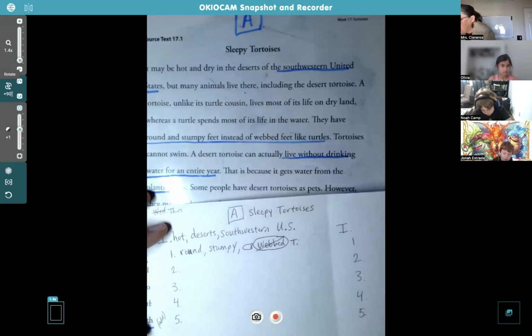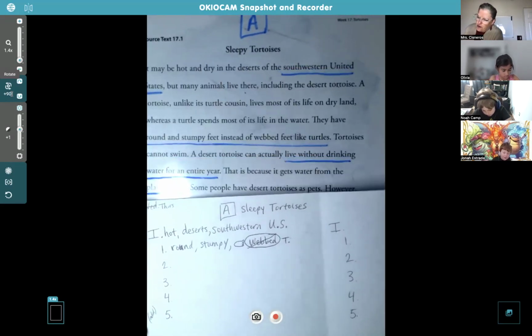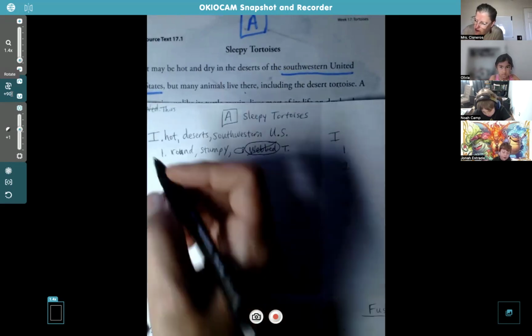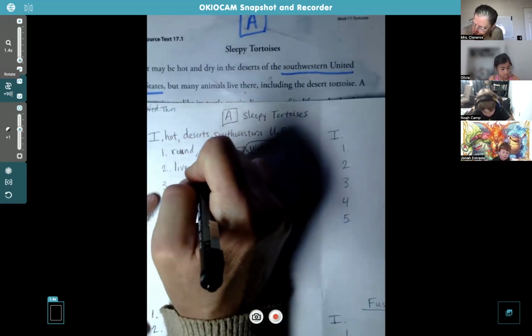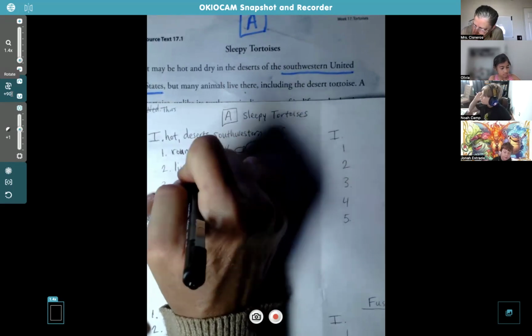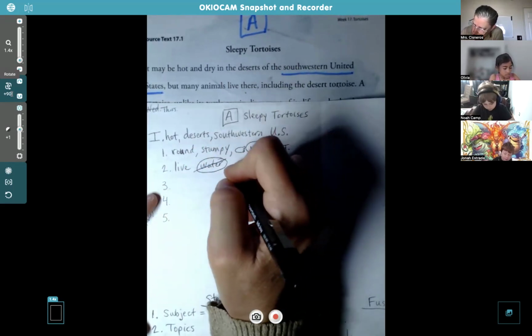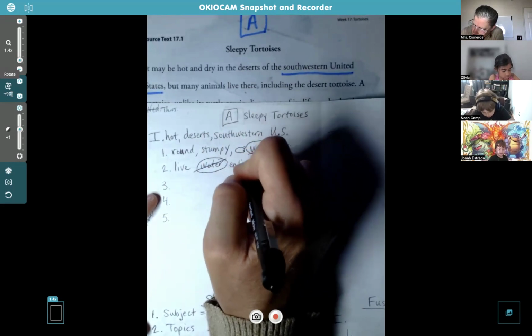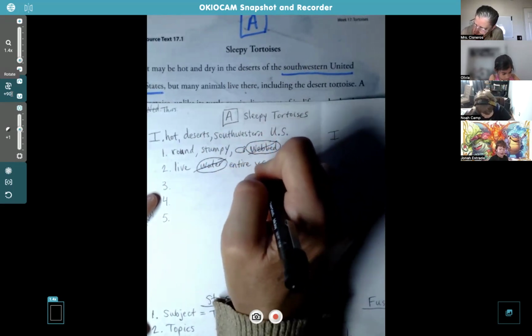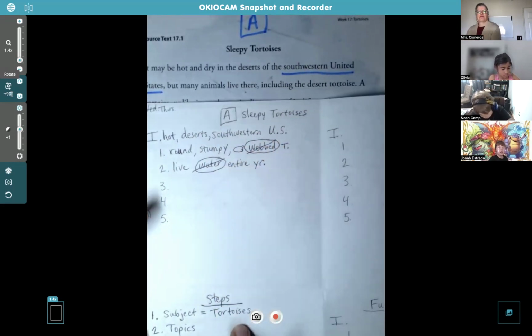The next one I thought was interesting is they can live without drinking water for an entire year. So I'm going to put live and then water and circle that and cross it out. Entire and then year, I'm just going to put YR.